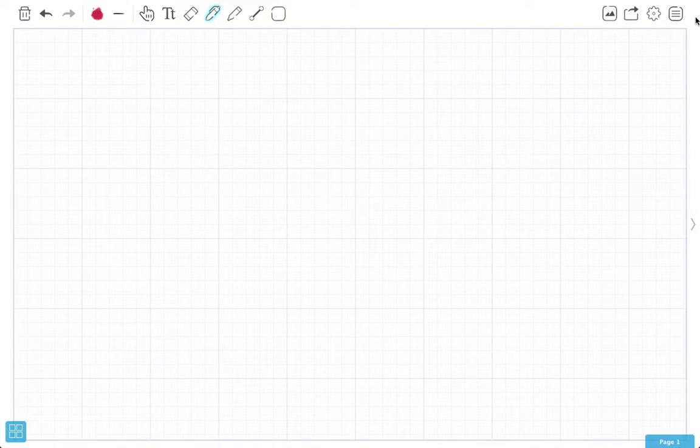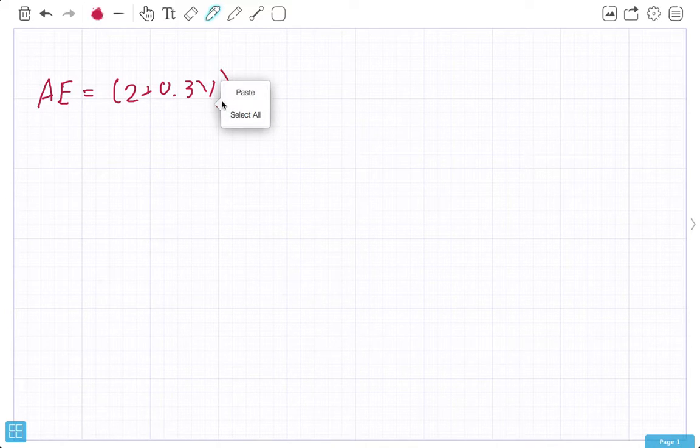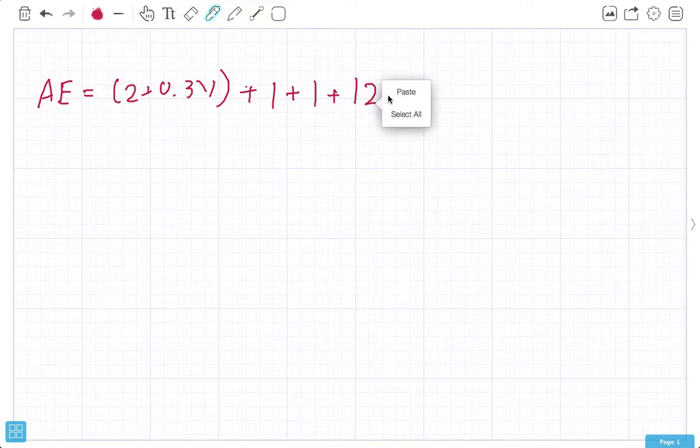So to find your AD, you have your AE function, right? So you had consumption, which is 0.2 plus 0.3y, plus 1 government, plus 1 investment, plus exports, which was net 12 minus 4p, minus your import, which is 0.1y.